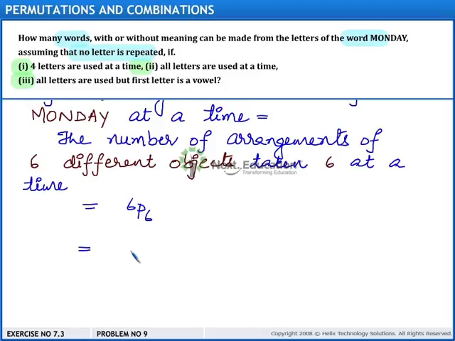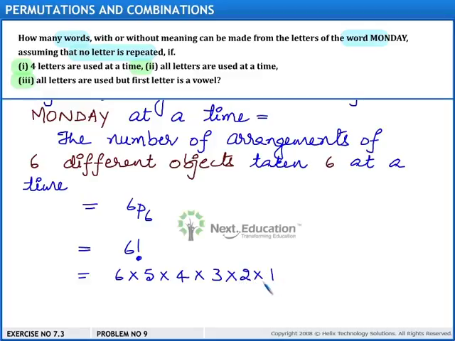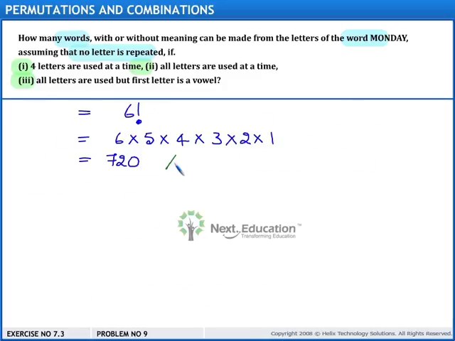We know that 6P6 is 6 factorial. So this can be written as 6 into 5 into 4 into 3 into 2 into 1, which gives us 720. So this completes the second part.